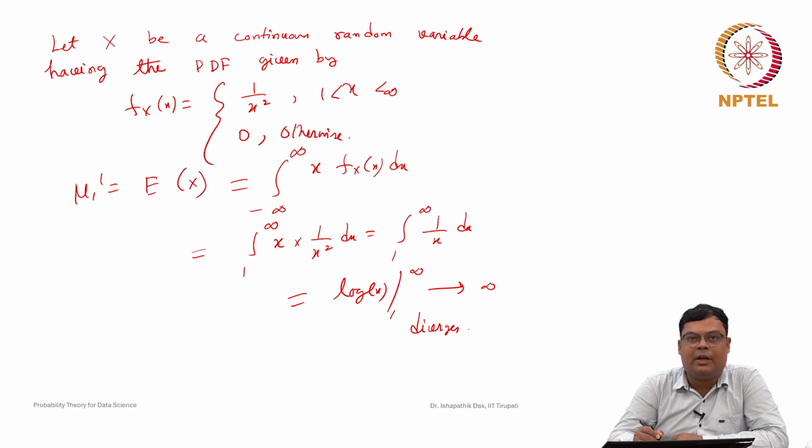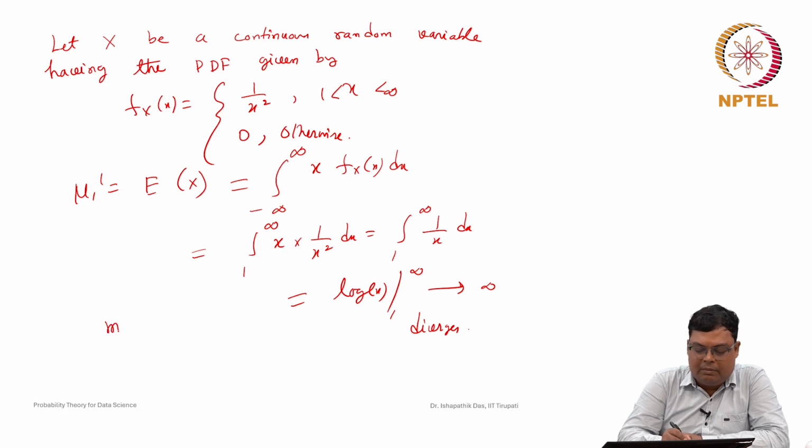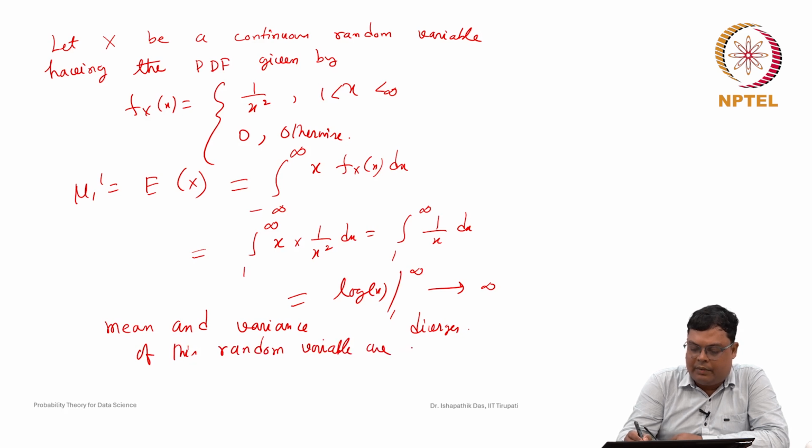This is an example of a continuous random variable where the mean and variance are not finite, not convergent.